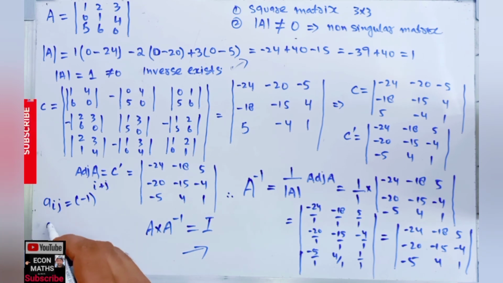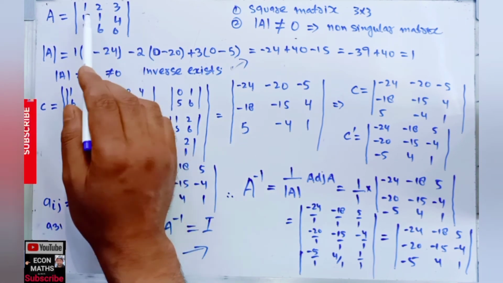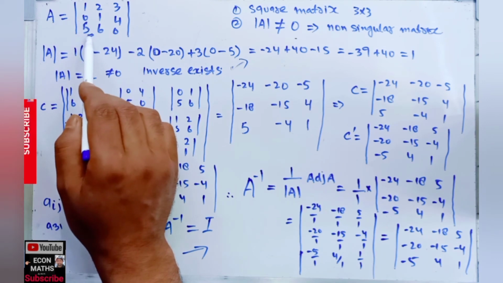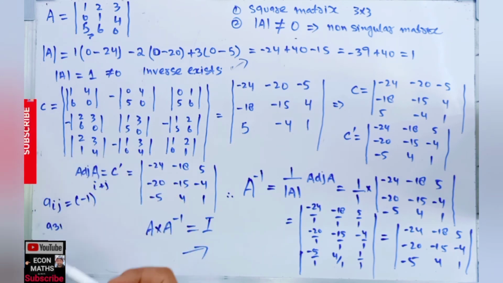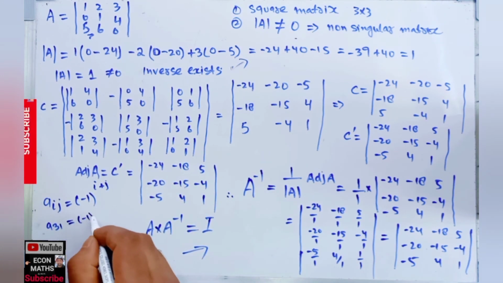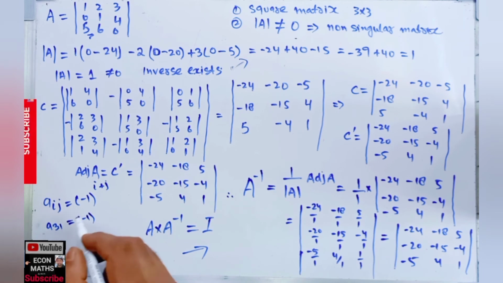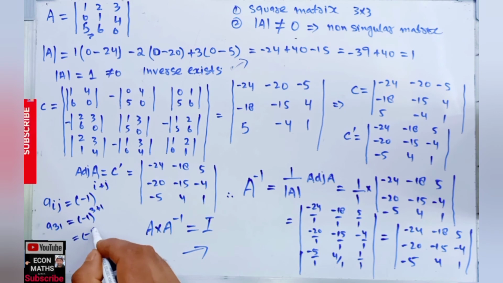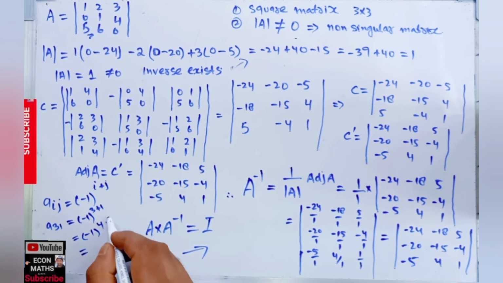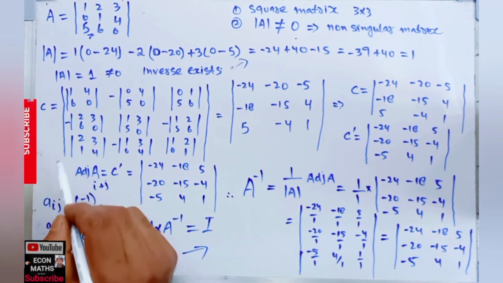If I have a_31, which is the element in the third row and first column, the sign is minus 1 raised to 3 plus 1, that is minus 1 raised to the power 4. Since it is even, minus 1 raised to an even power gives us 1. That is, here the sign is positive.